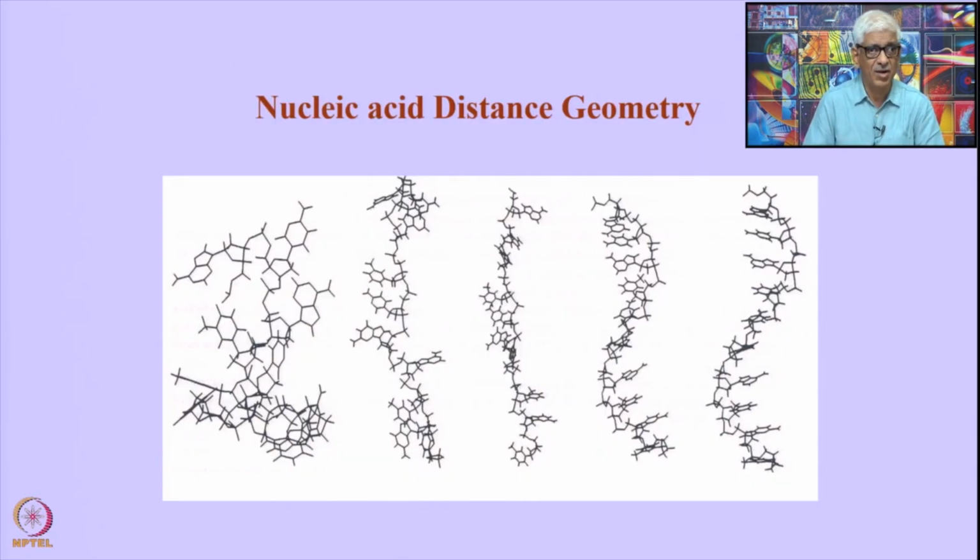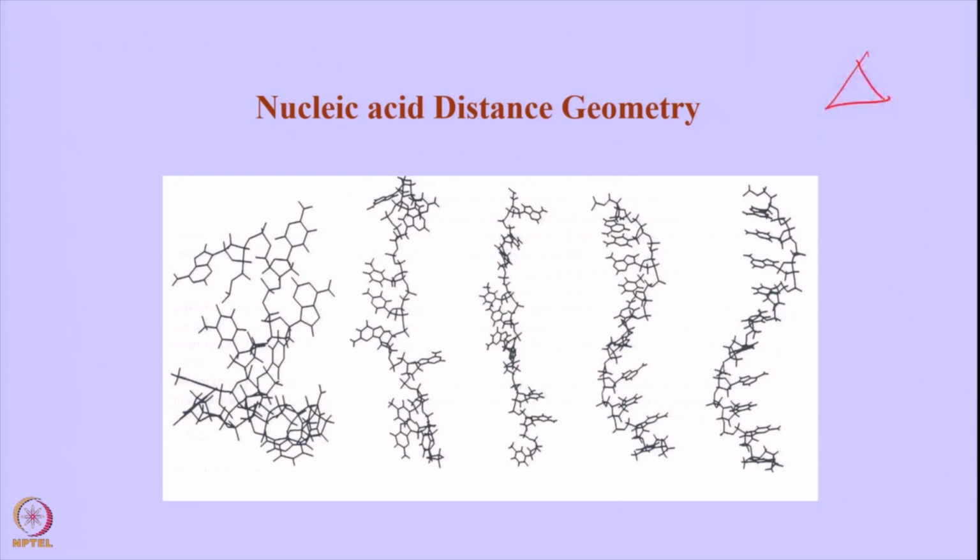This is done by a particular algorithm called distance geometry. The distance geometry algorithm takes a certain set of distances and optimizes the structure to satisfy your distance constraints. For example, to illustrate this point, let us say I have a configuration which is like a triangle. There are 3 atoms in a triangle, so how many distances do I have here?